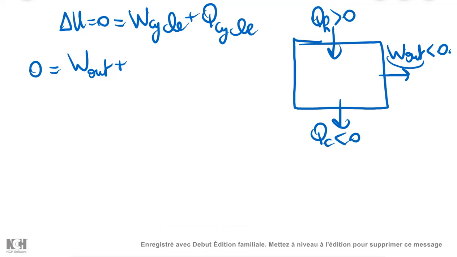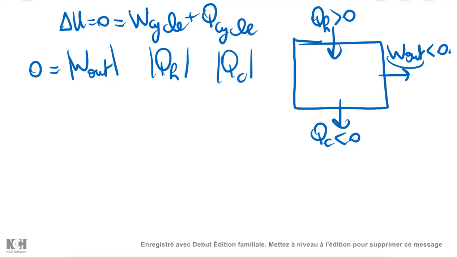Actually, I'm not going to write the sign right now. I'll make this at the end. I'm going to consider the absolute value. So W out, and then for the heat cycle, it's going to be the summation of both heats, QH and QC.